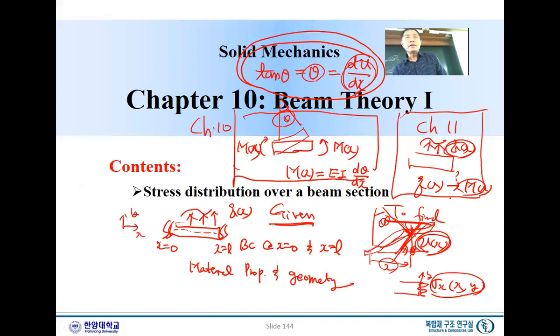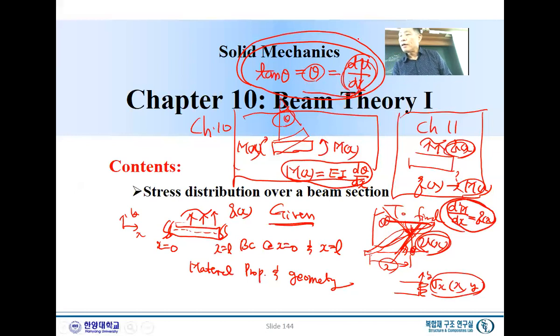And this one, again, I will give you a final result. The second derivative of a moment will be q(x). So these are the final equations, and these are the relations.